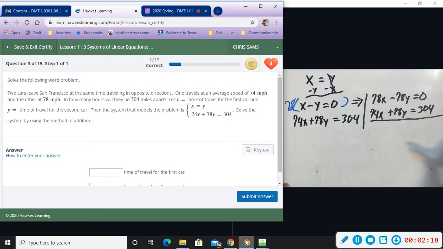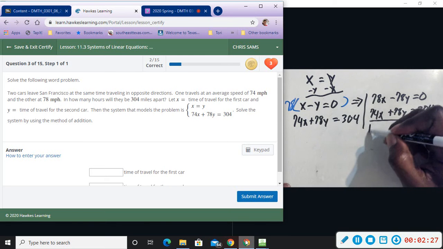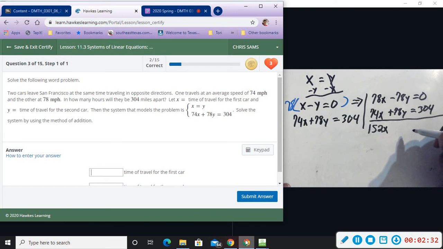All right, so add these equations up. And 70 and 70 is 140. And 140 plus 12 was 152. So 152x. The y gets eliminated, and then bring down equals 304.